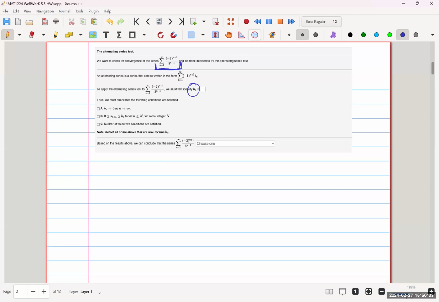To do that, we need to factor out the alternating nature of it so we can isolate b of n.